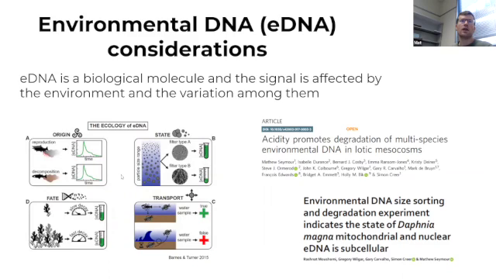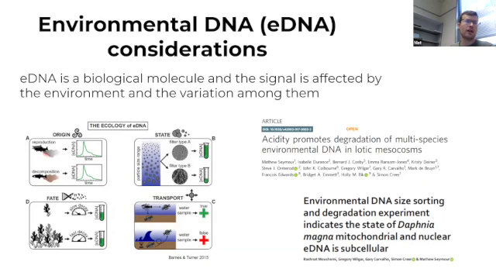Also, the state of eDNA. Different organisms will shed eDNA at different sizes. We did this for one example with Daphnia magna, whereas a lot of other studies have worked on fish. Fish and smaller crustaceans basically shed eDNA at comparable rates, but they also shed at different sizes.